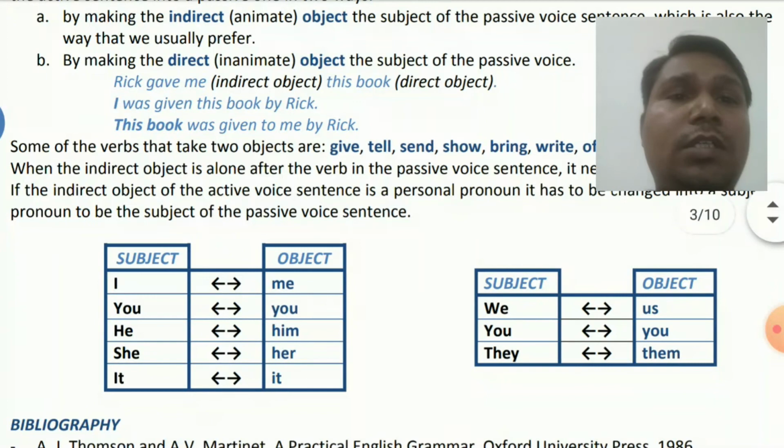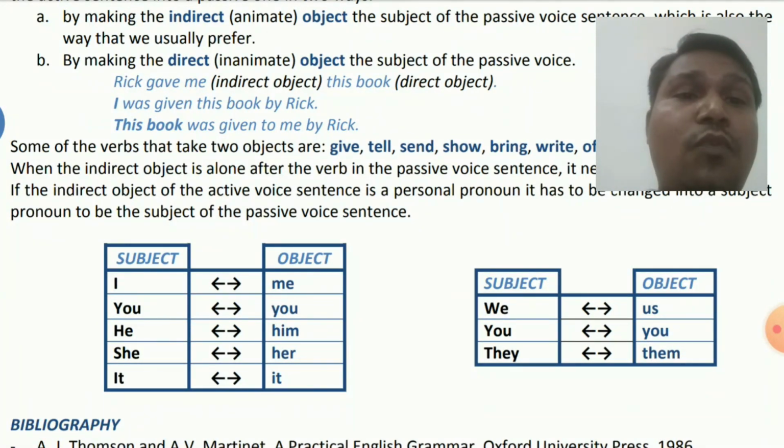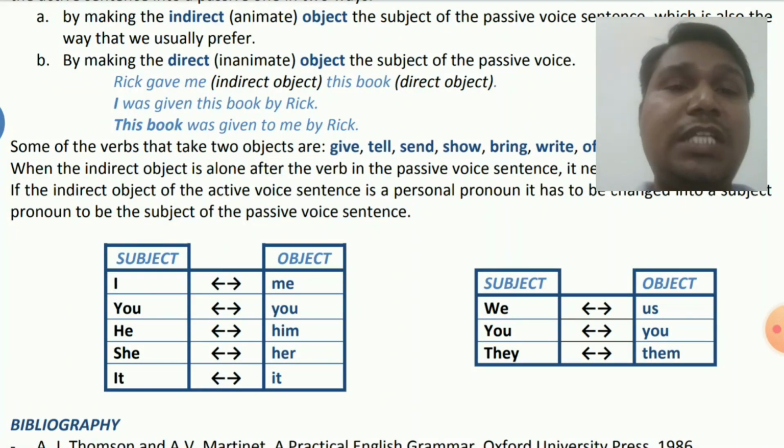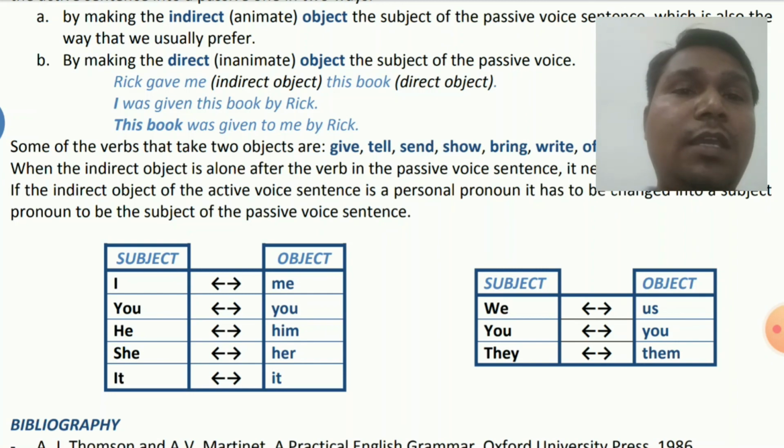Now, the subjects in the active voice, how will they change into passive voice? Here the table is given that you have to remember well. If in active voice the subject is I, it will change into me in passive voice. If the subject is you, it will remain the same.